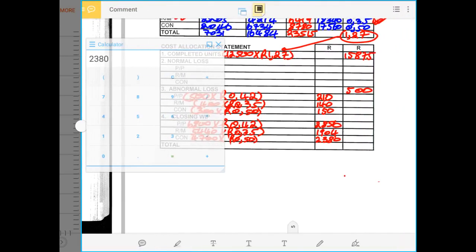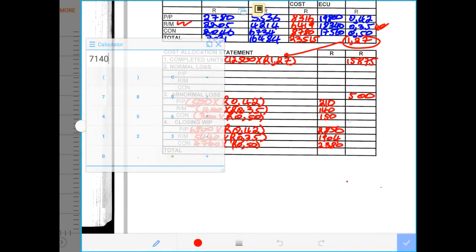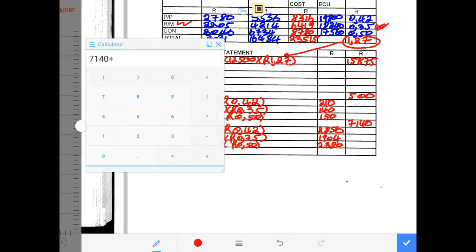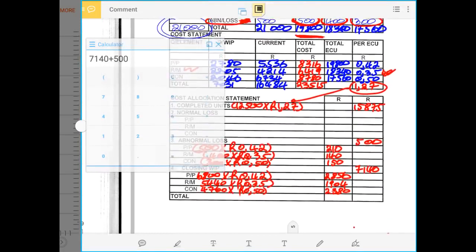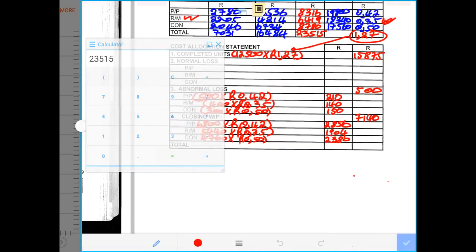Then we add the three: plus 1,904 plus 2,856. That gives us the total of 7,140, and we say plus 500, which is abnormal loss, and plus 15,875. This gives us 23,515.